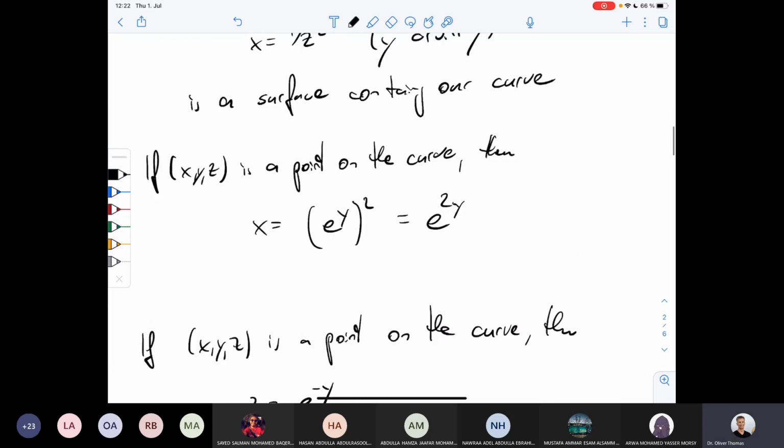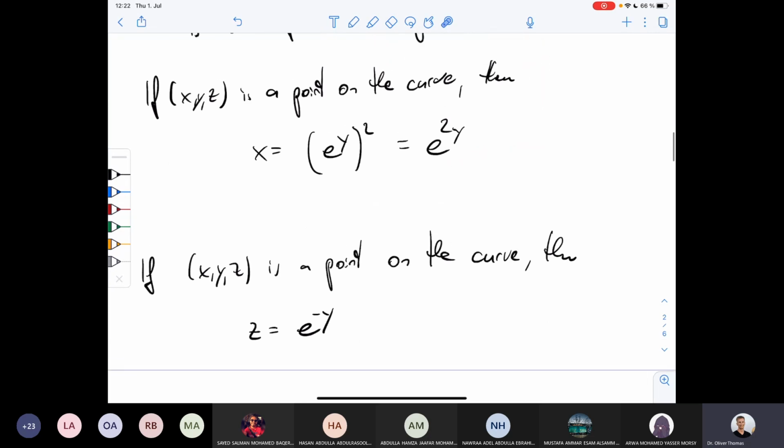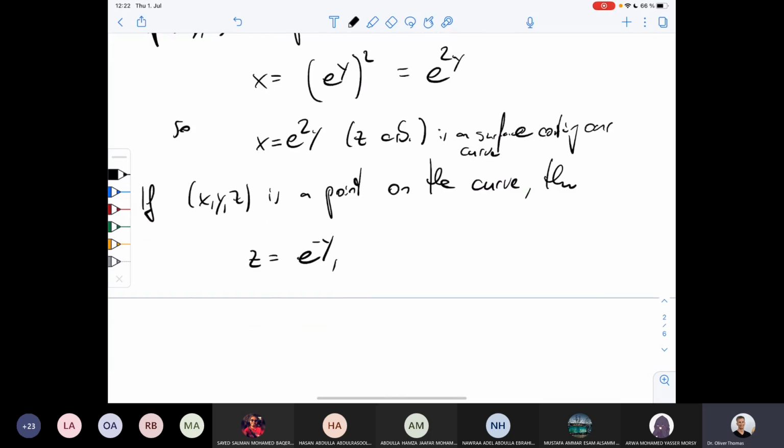And okay, we should finish the sentences. So we have this relation between the x and the y coordinate: x equal to e to the 2y, z arbitrary, is a surface containing our curve. And here, z is equal to e to the minus y with x arbitrary.